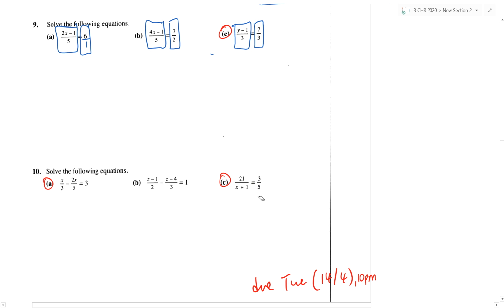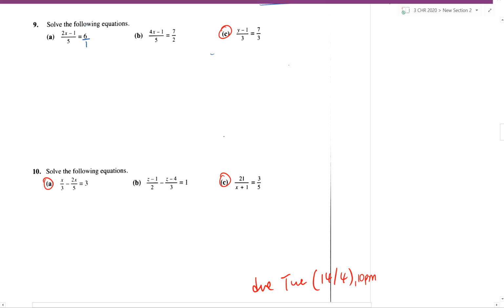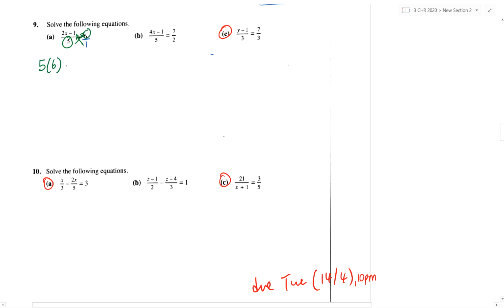Because when they are fractions, we can do something quite interesting to ensure that we can find the solution. So we draw little arrows like this. So what this means is that when I take 5 multiplied by 6, it will be equal to, now this is done, left with the other side, 1 multiplied by 2x minus 1.